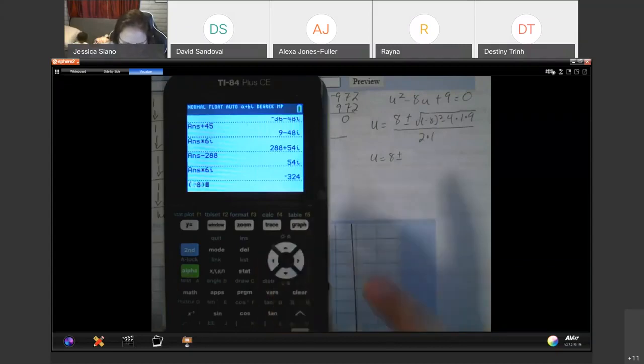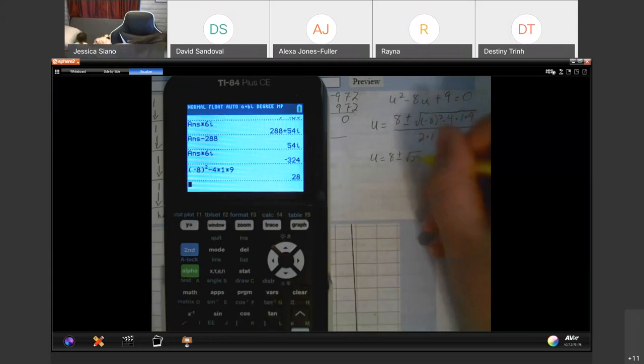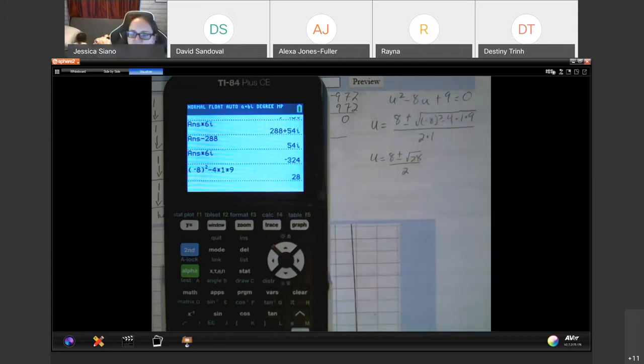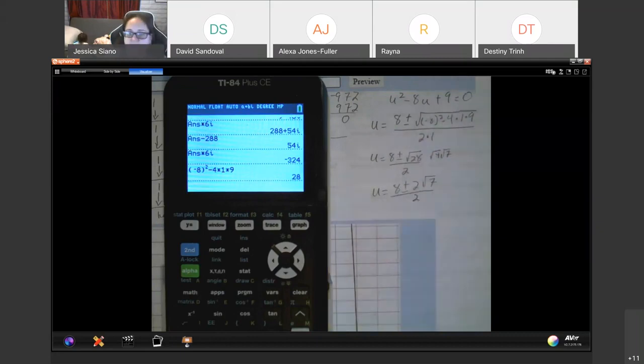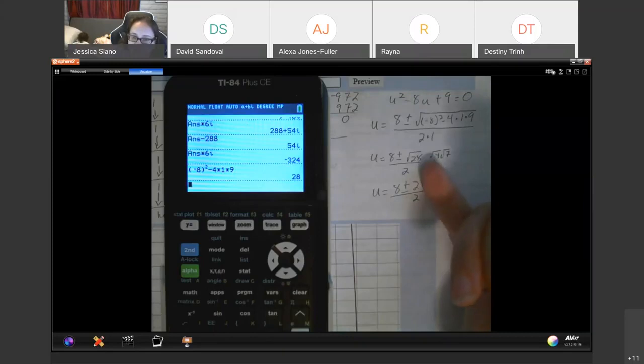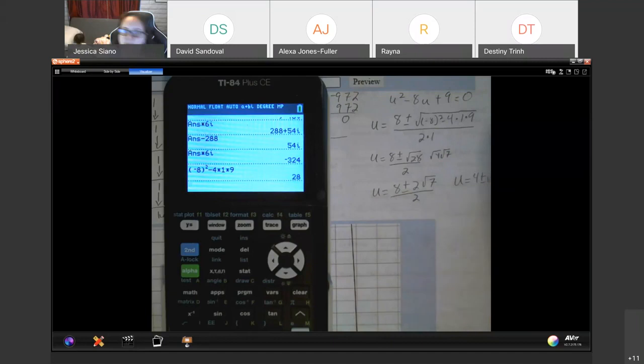Negative 8 squared minus 4 times 1 times 9, 28. The square root of 28 reduces because 28 is 4 times 7, and the square root of 4 is 2. And then I can divide both an 8 and a 2 by 2. So then my final answer is 4 plus or minus rad 7.